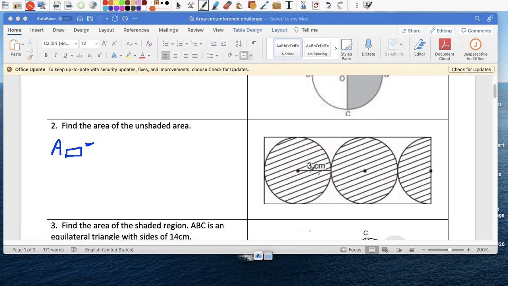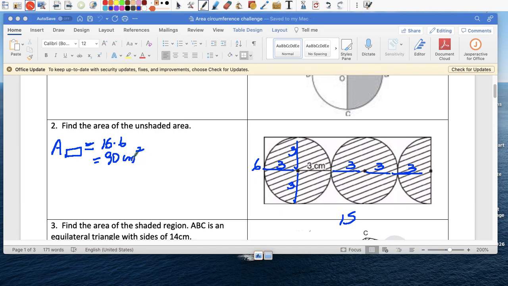Base times side, so that's 3 centimeters, so this is 3, that's 3, that's 3, that's 3. So the length of the rectangle is 3, 6, 9, 12, 15. What's the height? Well, the height is 3, another 3, which makes the height 6. So the area of the rectangle is 15 times 6, which is 90 centimeters squared.